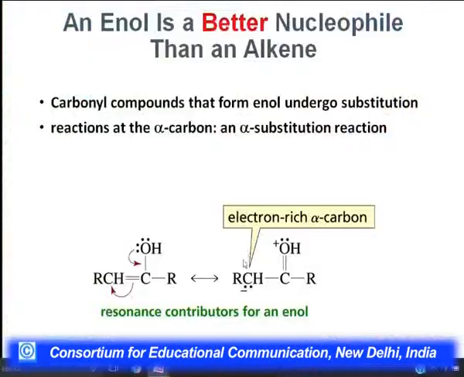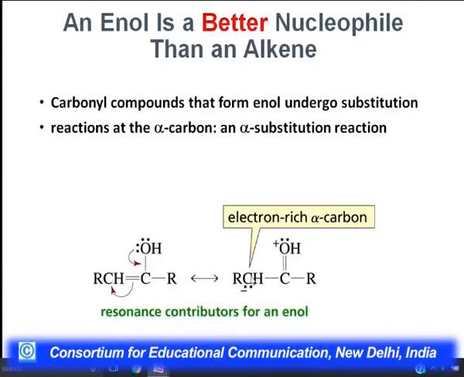If I talk of this compound, it loses a hydrogen at this position and forms an enol form here. Because of the negative charge, it can undergo alpha substitution reactions at the alpha carbon.